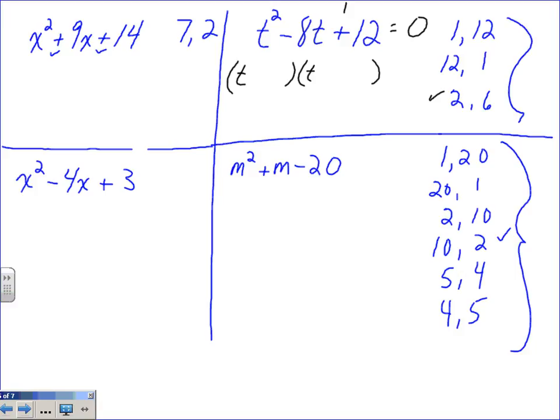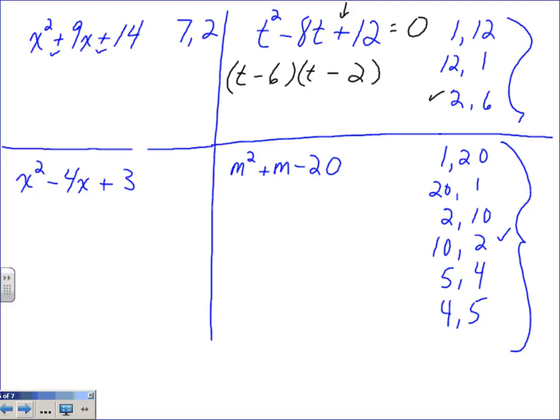And remember, if the last term is a positive, then my signs are going to be the same. It's either going to be a minus minus or a plus plus. But I look at that middle term and I see that it's a minus. So it's going to be minus minus. And we'll put 6 and 2. And you can use FOIL to see that that's a true statement.